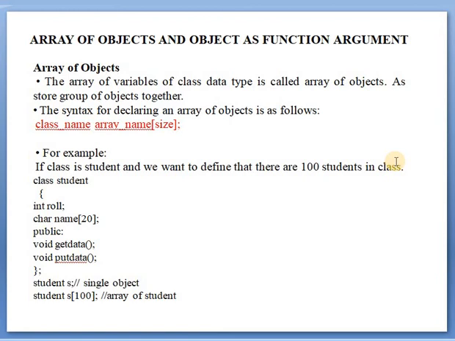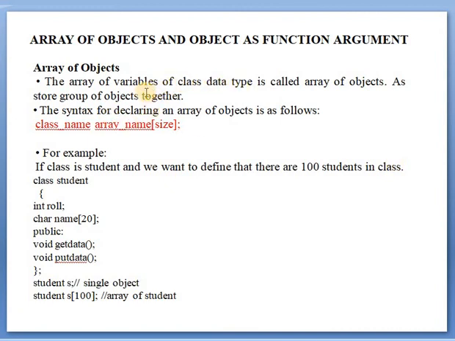At the time of creating objects, if we want to create multiple objects of the same class, we can create an array of those objects. Array of objects means nothing but a collection of objects having the same name. The array of variables of a class data type is called an array of objects.